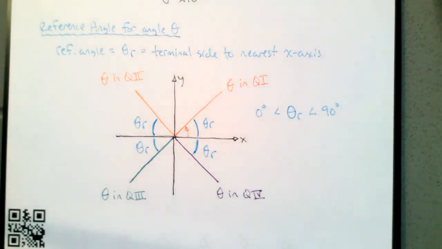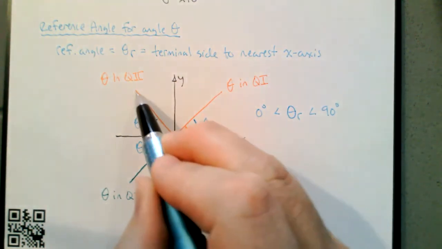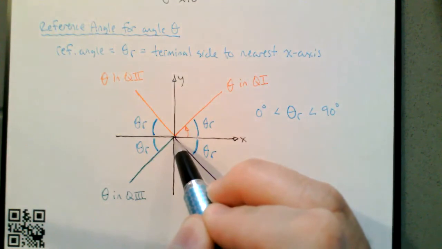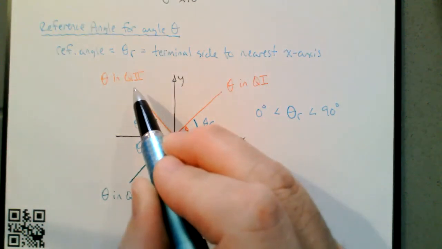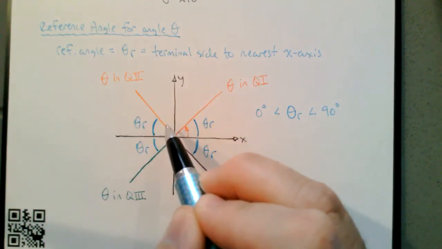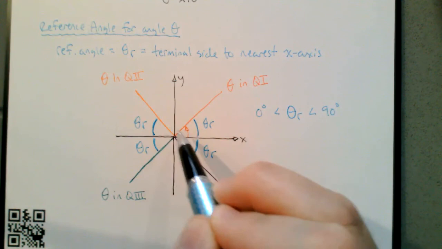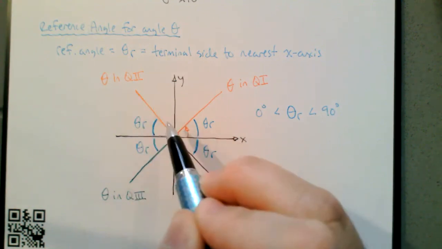The reason that this is useful is that there are an infinite number of angles that terminate here on this particular terminal side in quadrant 2. I can go from the positive x-axis directly there in the positive direction. I can go around once and then continue on to terminate here in the second quadrant.